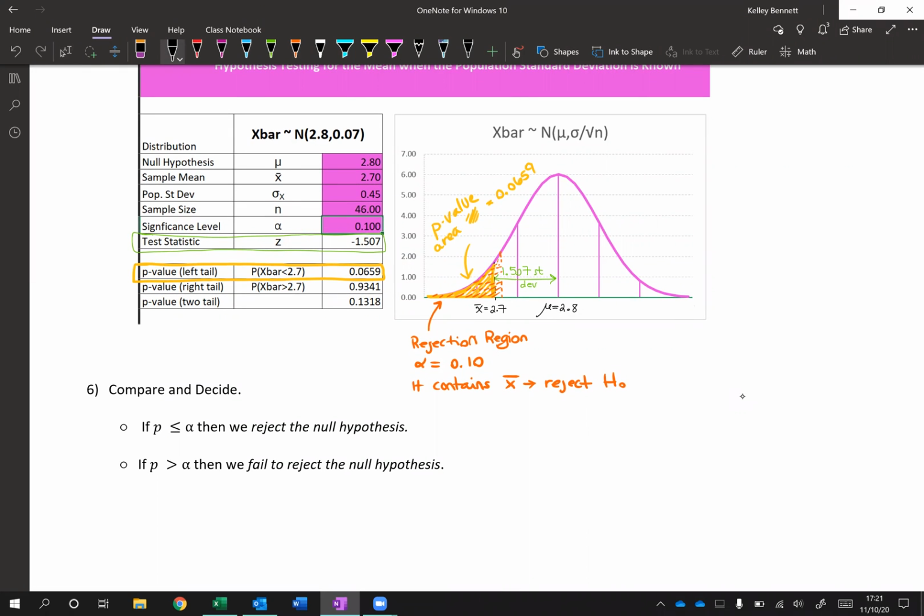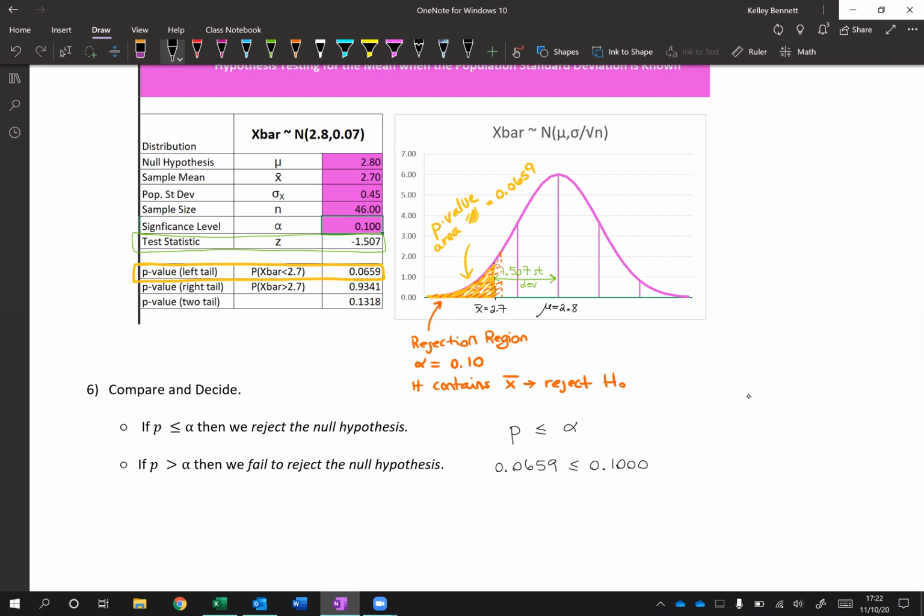So P is less than or equal to alpha because P is 0.0659 and it is less than or equal to 0.1000, or 0.1, or 0.10, however you want to write it.